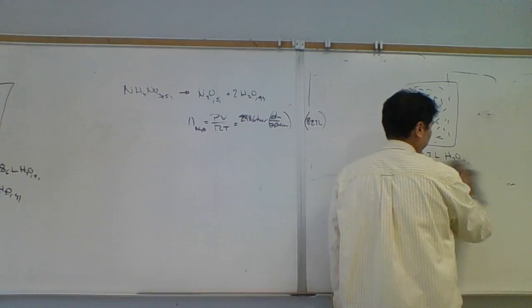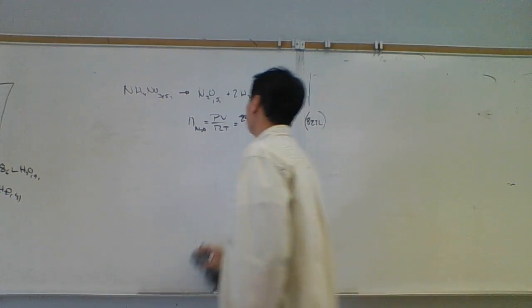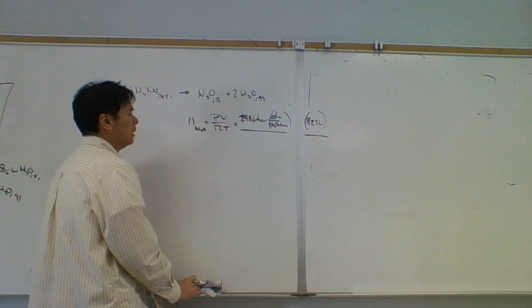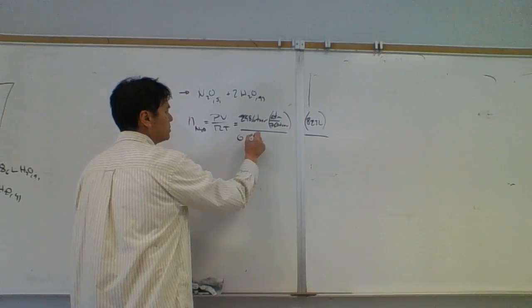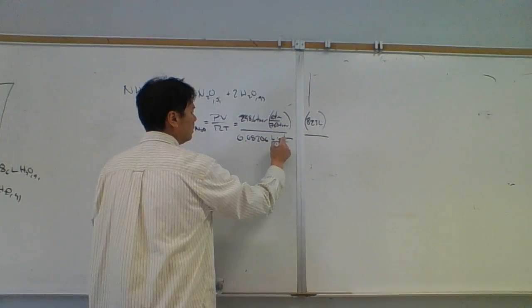This is more Chem 1A-ish because it's not so easy. R is 0.08206 liters times atmosphere per mole times Kelvin.